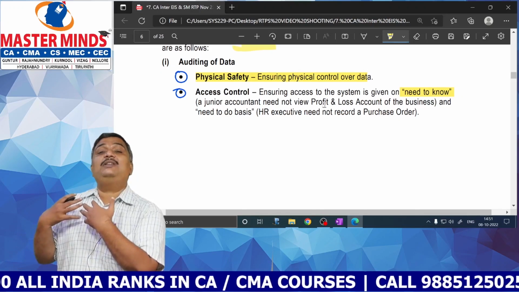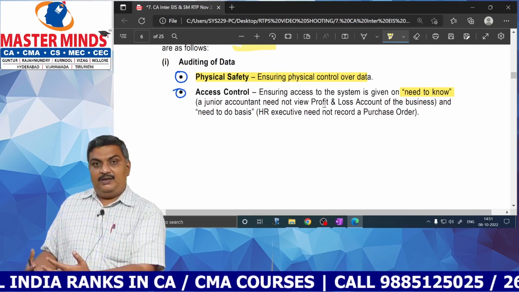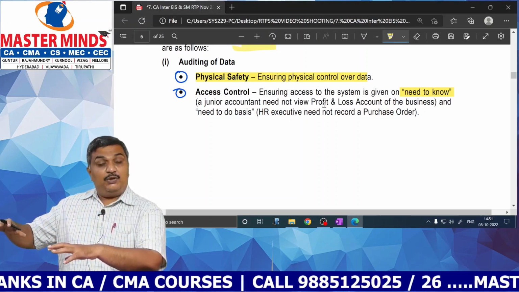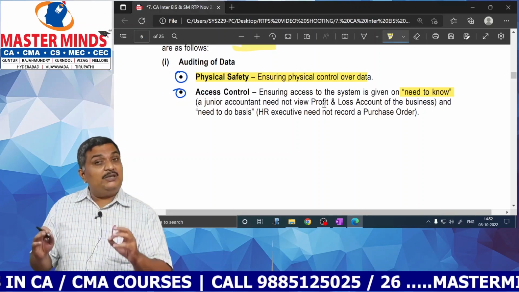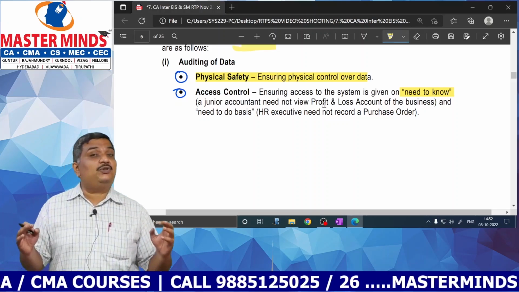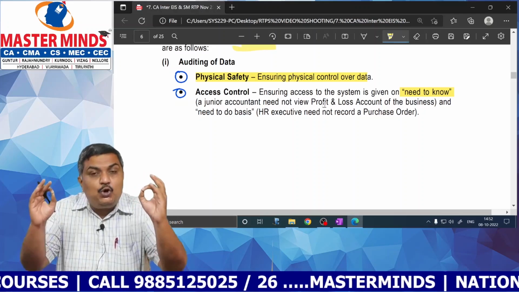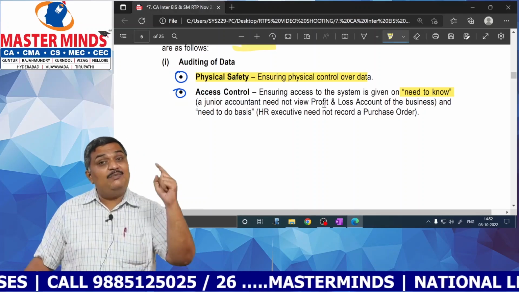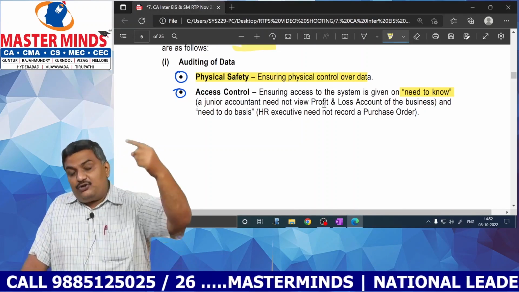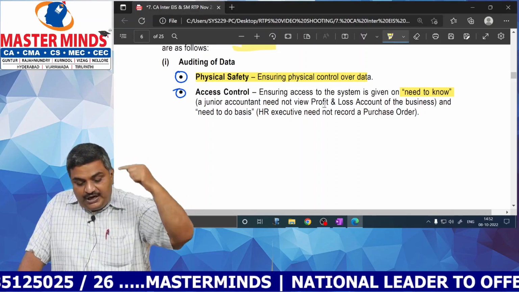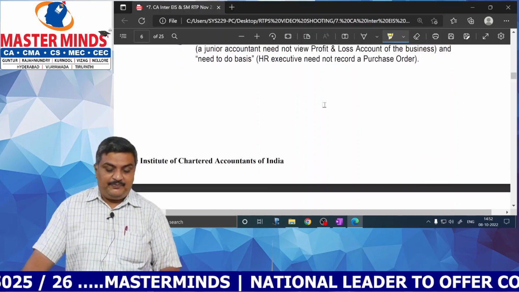He need not know about the cash flow statement. So those are all managerial level statements. So every person in the organization should have access to the data only based on need to know basis. That is most important, and Mr. Karan in this context has to check whether in that organization there is the policy of need to know basis.